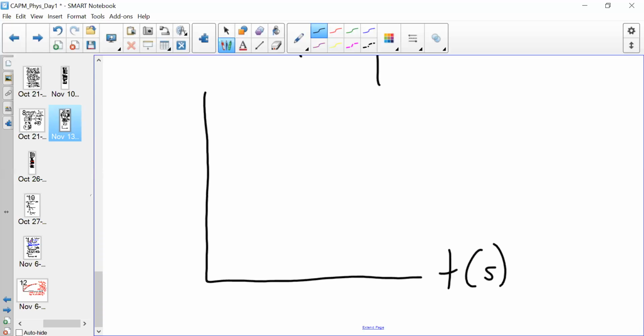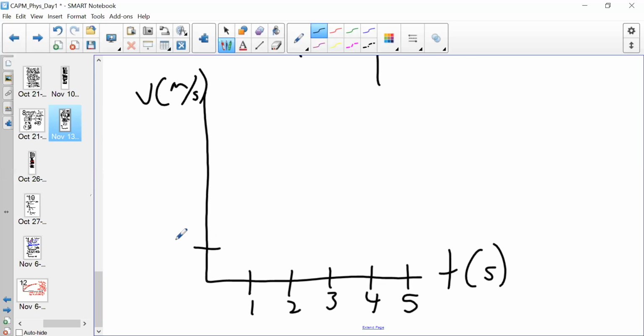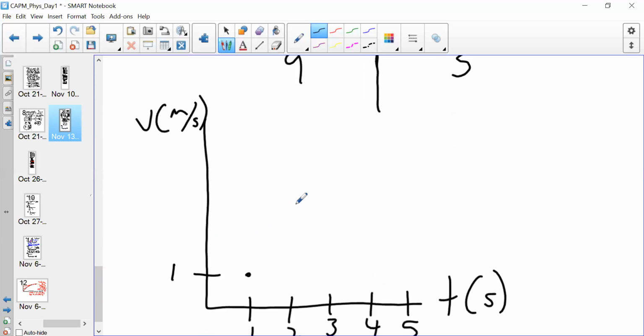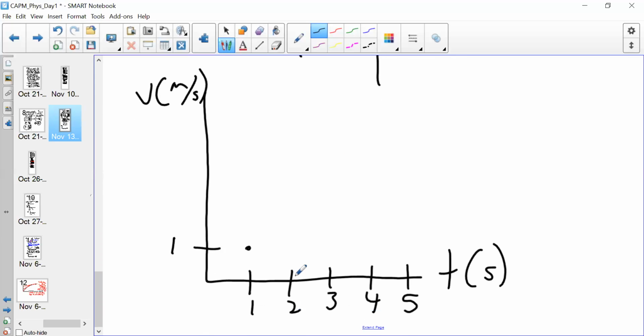So time is there, velocity in meters per second. And so the first second we have 1 here, of course, 3, 5, 7, 9, sequence.